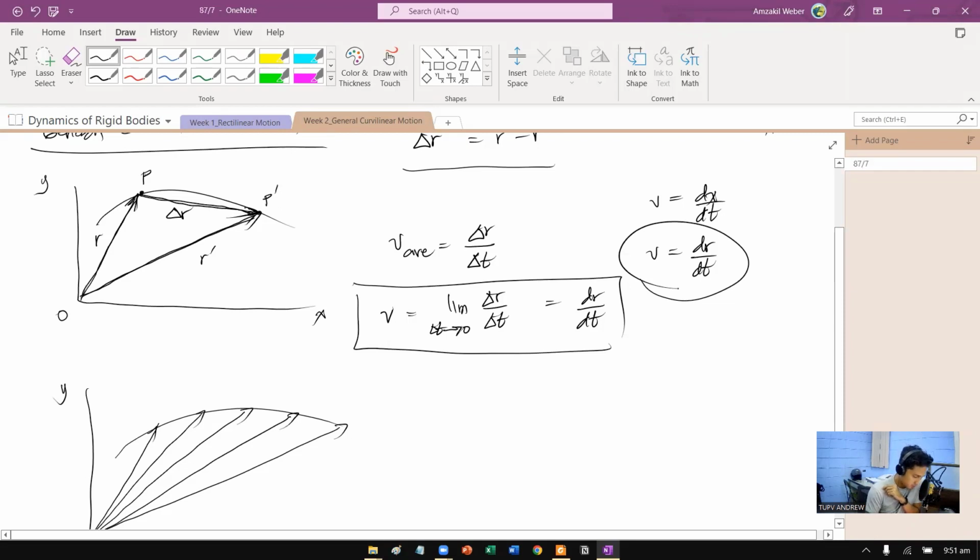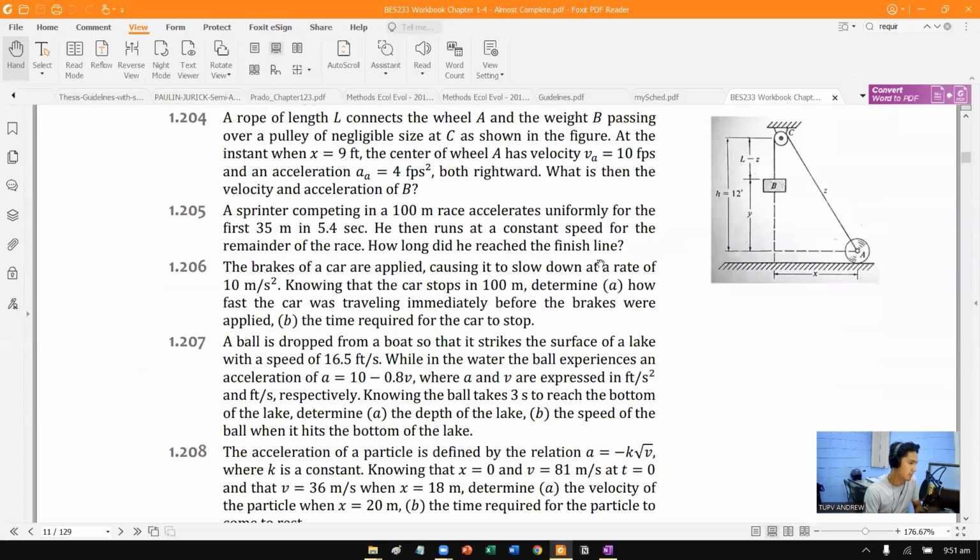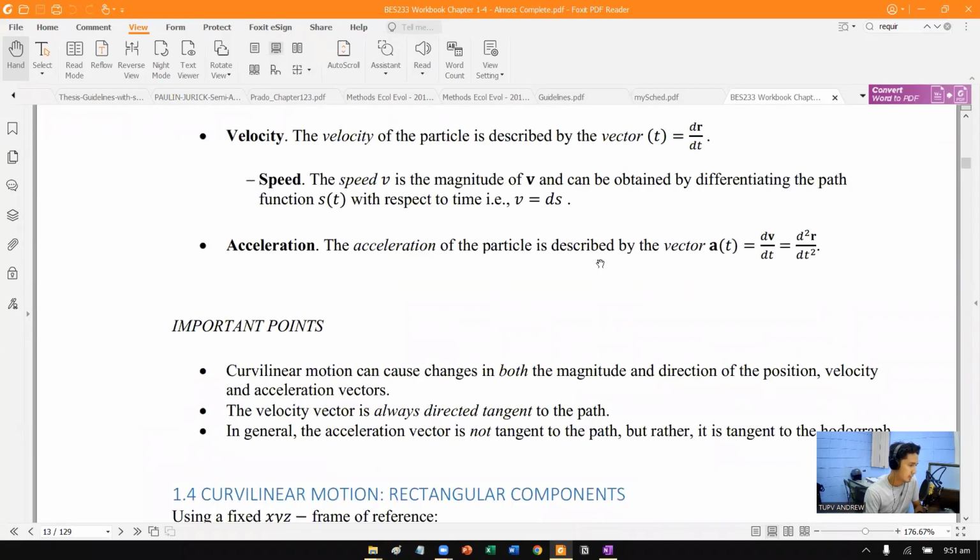if you see in the drawing, as the Δr gets smaller and smaller, the secant becomes a tangent. Therefore, the velocity vector is always tangent to the path. One of the key points here is that the velocity vector is always directed tangent to the path.